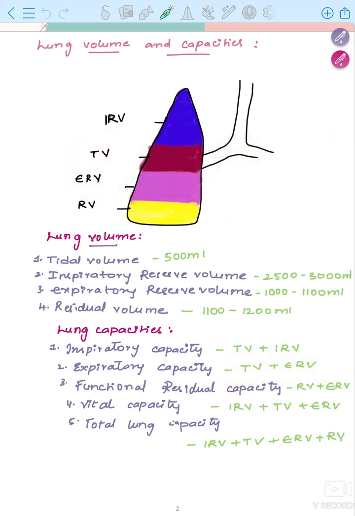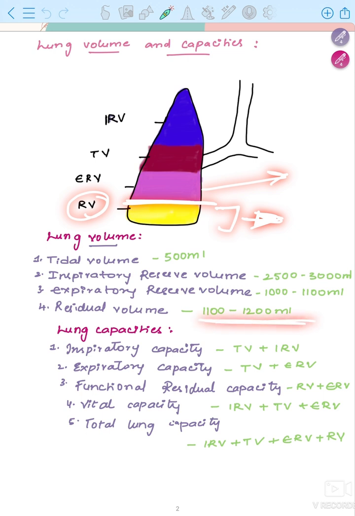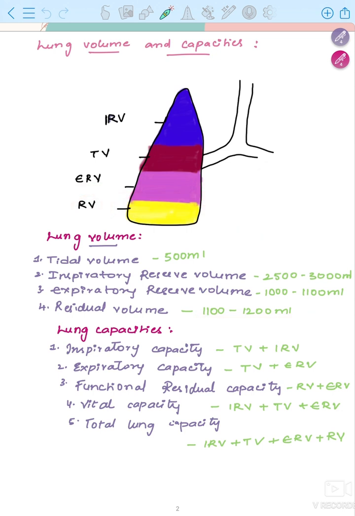Now, what is functional residual capacity? The residual volume will always be present in the lung no matter what happens. If you expire forcefully also, this amount of 1100 to 1200 ml will always be present in the lung. Along with the residual volume, the expiratory reserve volume also will be present in the lung, until and unless you do forceful expiration.